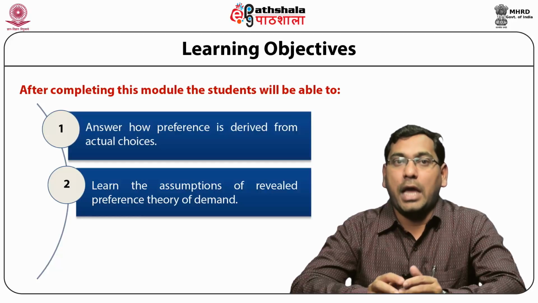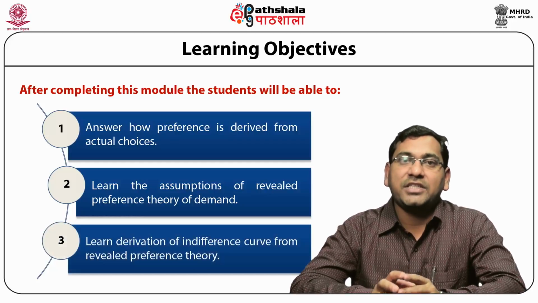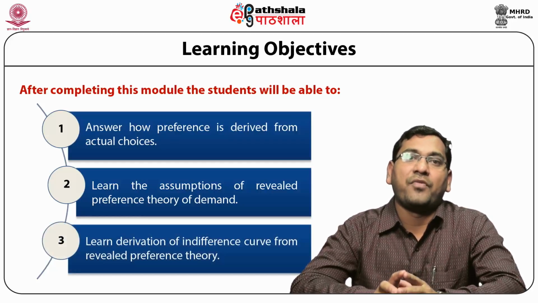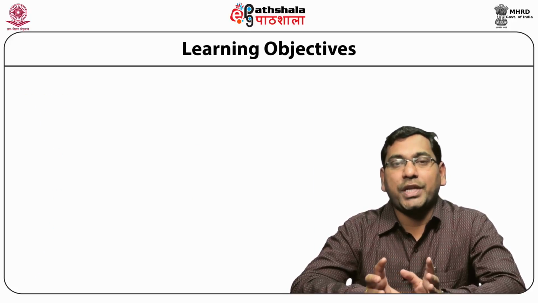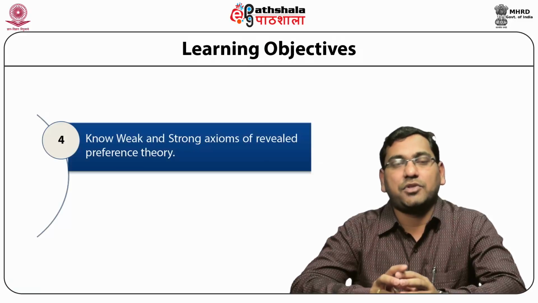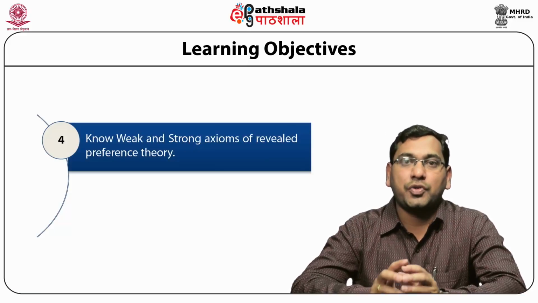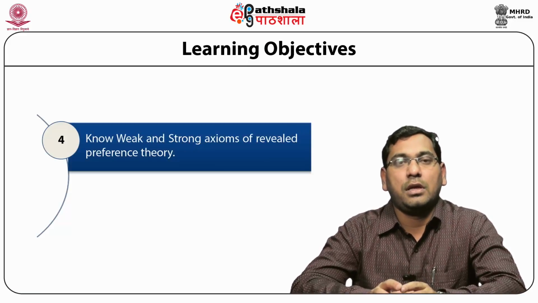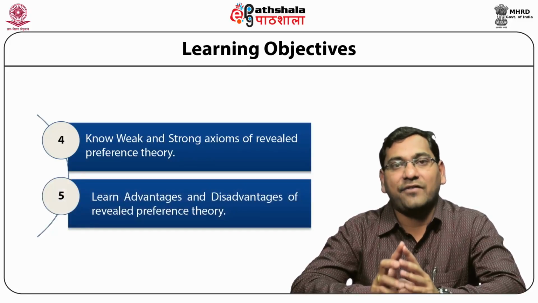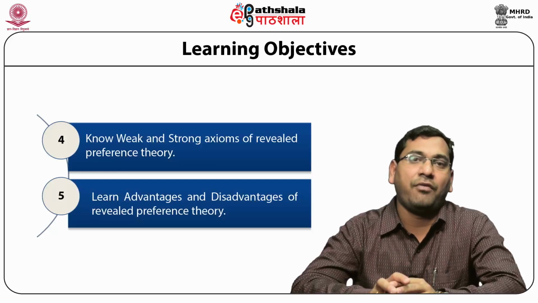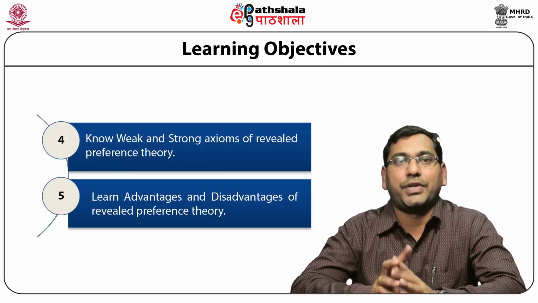They will be able to learn derivation of indifference curve from revealed preference theory. The difference between weak and strong axioms of revealed preference will also be known by the students. They would also lastly learn about the advantages and disadvantages of revealed preference theory.